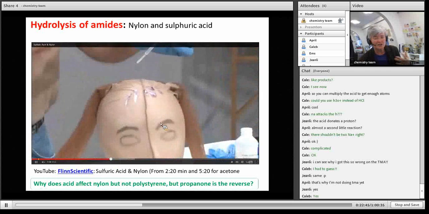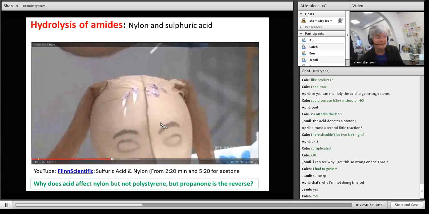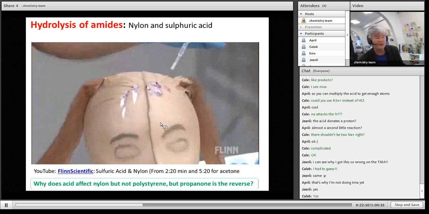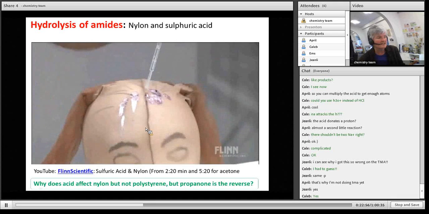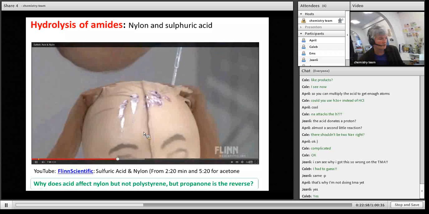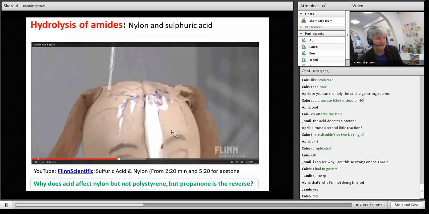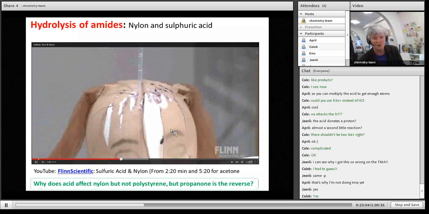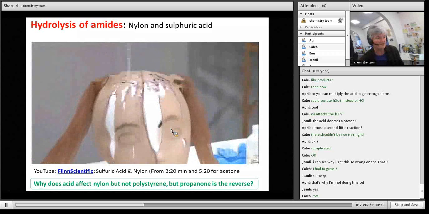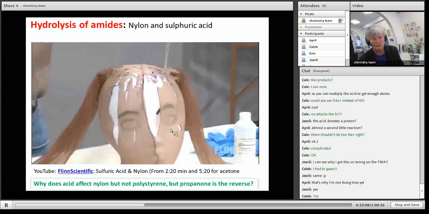Now, nylon is ester links. I think it's an ester link. So what he's doing now, he's adding acid. And I think you can see as he's adding acid, can you see how it's just breaking apart? Because all the ester links are being broken. It's a hydrolysis reaction.